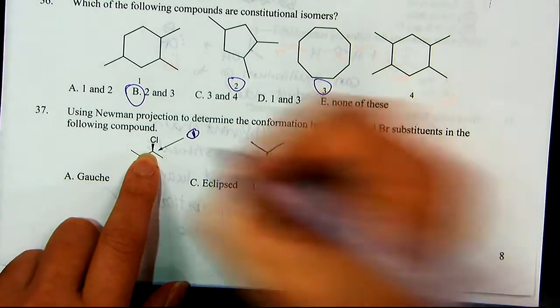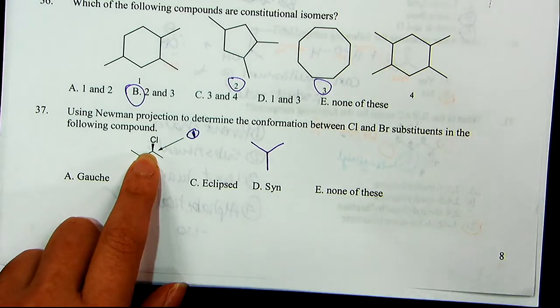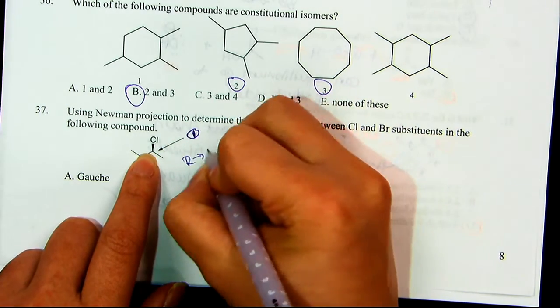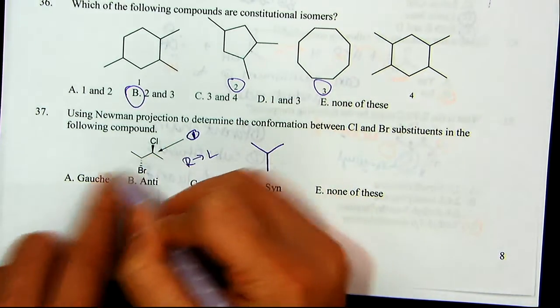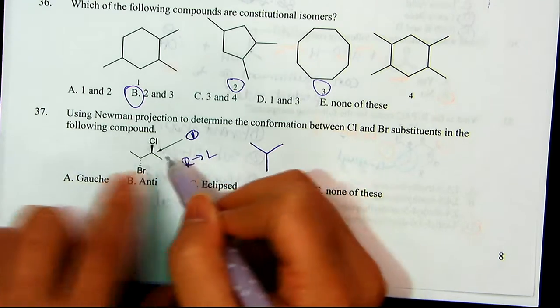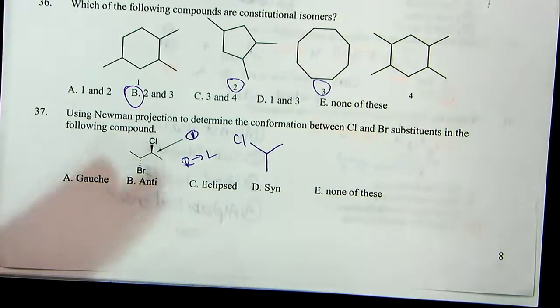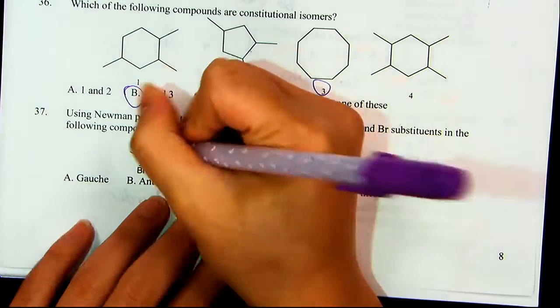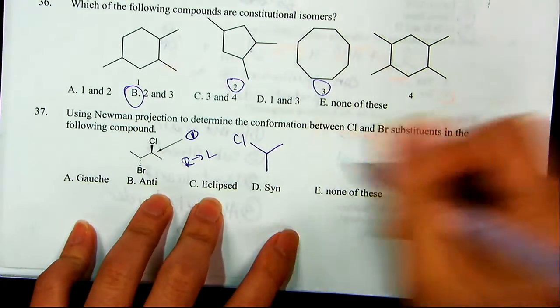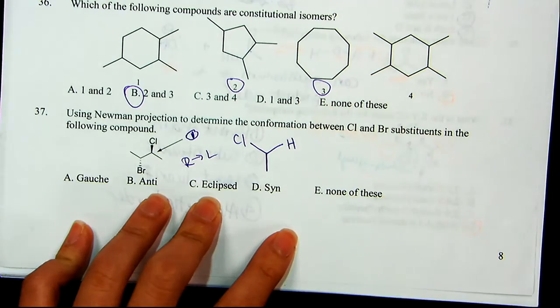If you have a hard time visualizing it, you're looking at it from right to left. Then the solid wedge is going to be on the left-hand side, and the dash wedge on the right-hand side.